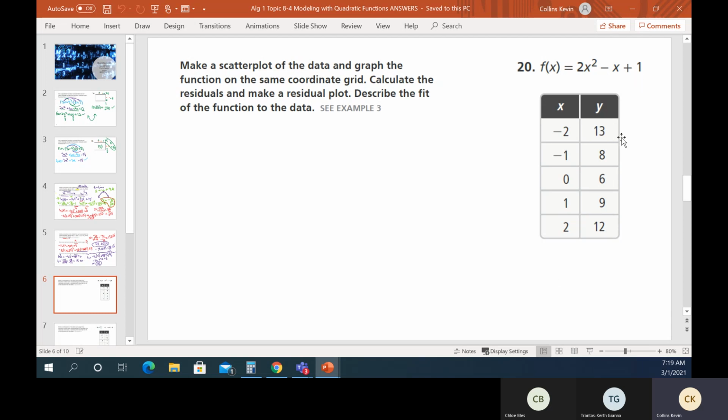If all these points were above this graph, we might change this number from 1 to maybe 2 and push the whole U shape up. So if there are numbers above and below, it's going kind of through the middle, and it's going to be a pretty good estimation.